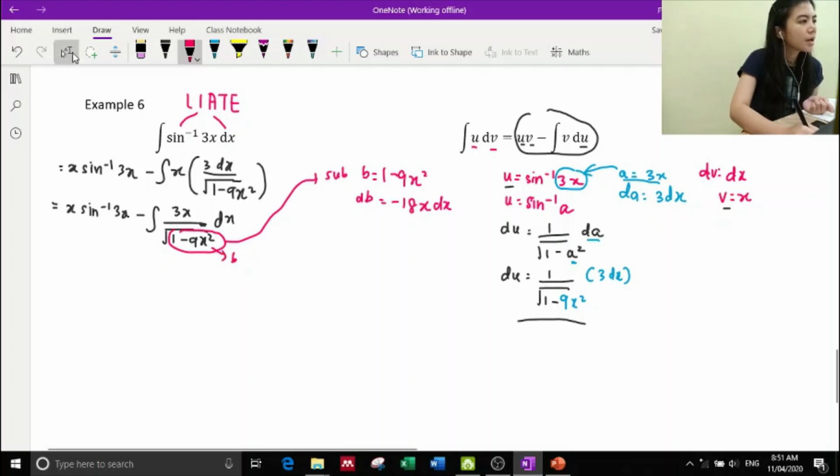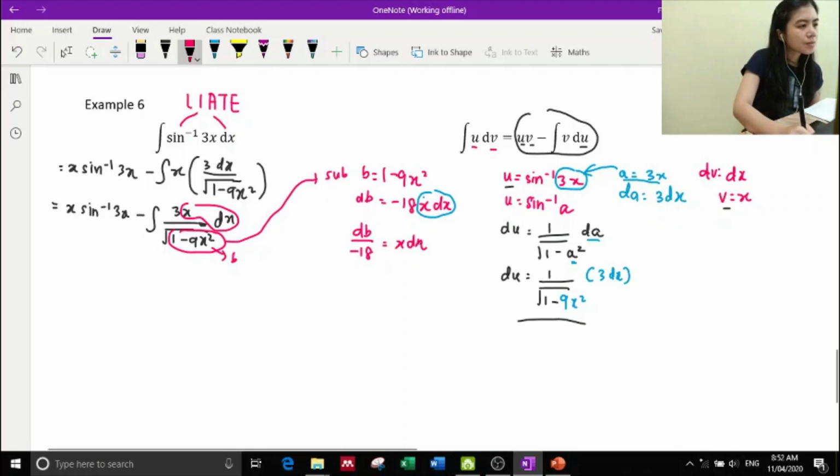And then what happened to our x dx? Our x dx is actually db over minus 18.